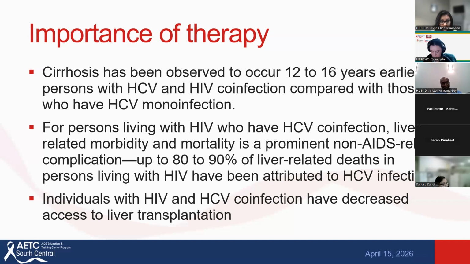Individuals with co-infection also have decreased access to transplantation because not a lot of centers here in the United States offer a transplant for individuals who are HIV positive. Of course, that trend is being shifted, thankfully, but we're still not there yet. So it's important to recognize and prevent this complication by therapy for Hep C. Next slide, please.